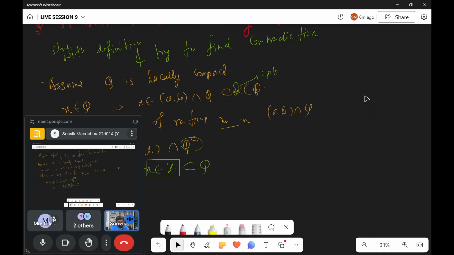Now we are choosing a sequence of rationals xn in open (a, b) intersection Q in such a way that xn goes to x. This x belongs to the complement of (a, b) intersection Q. So this tells that x belongs to K, which is a subset of Q. So this is the full argument.